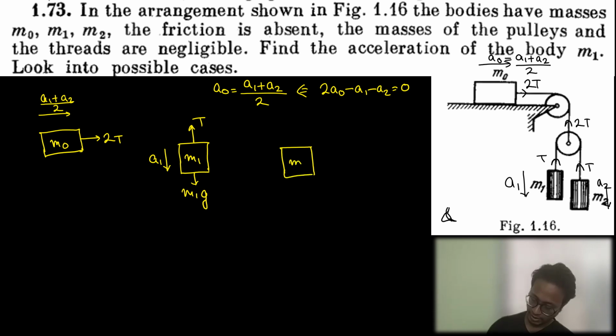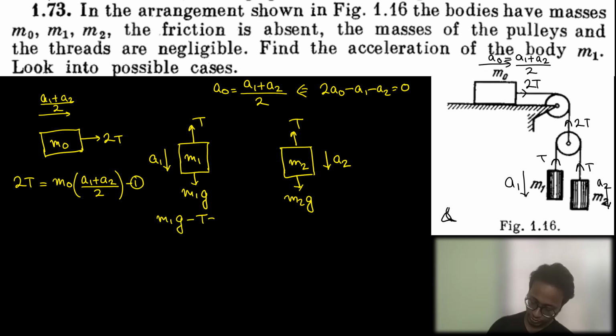And out here m2 would have a2 downward, out here m2g, T. So let's write down the equations. 2T is equal to m0 into (a1 plus a2) divided by 2. This is equation number 1. m1g minus T would be m1a1. This is equation number 2. And equation number 3 is m2g minus T is equal to m2a2.